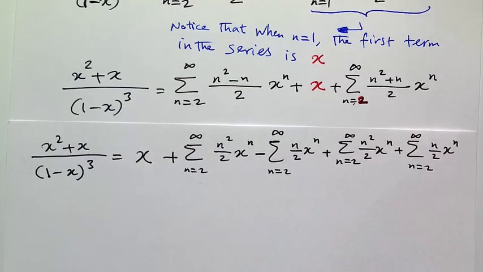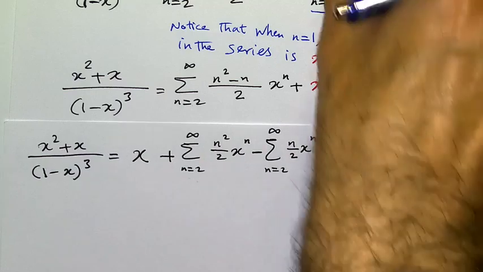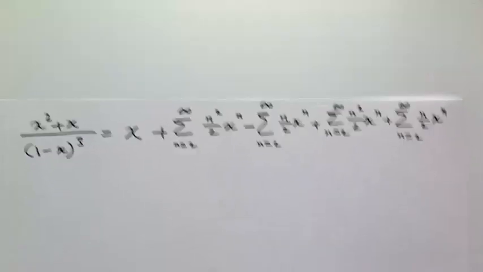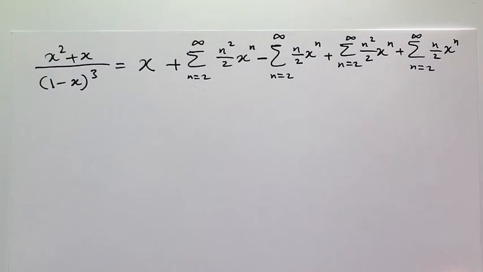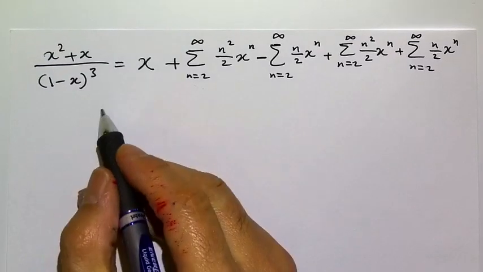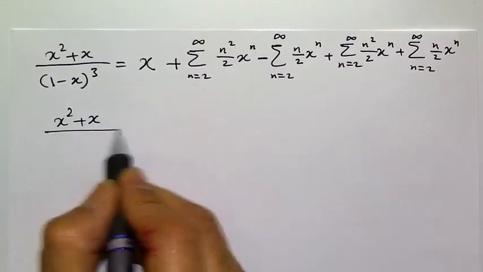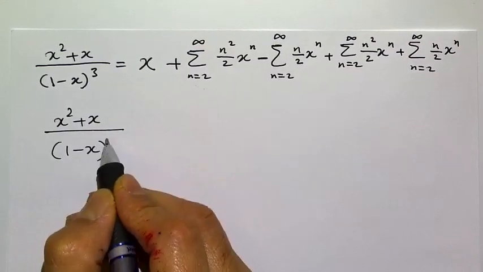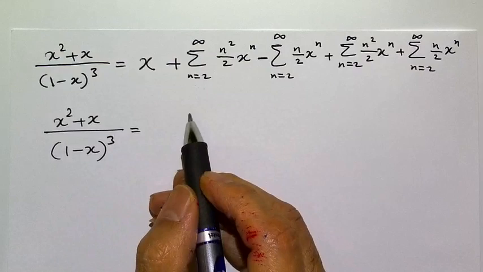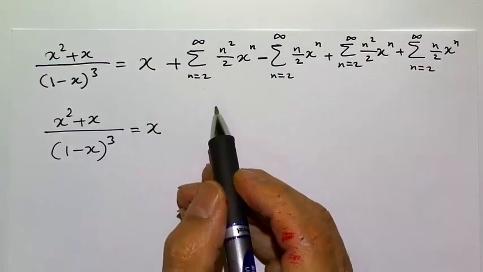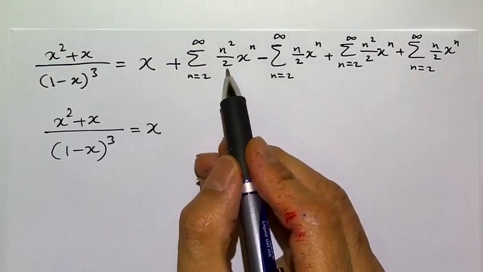Okay? So now we can begin to simplify the right side, the left side, and we can get rid of that sheet there. So we have x squared plus x divided by 1 minus x cubed. We have this x here, and then can we get rid of this?